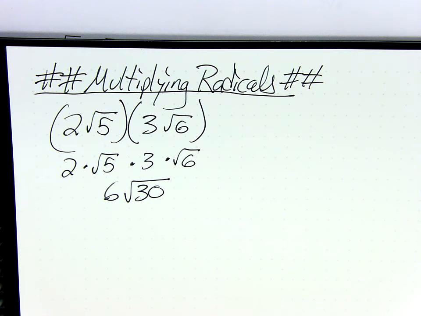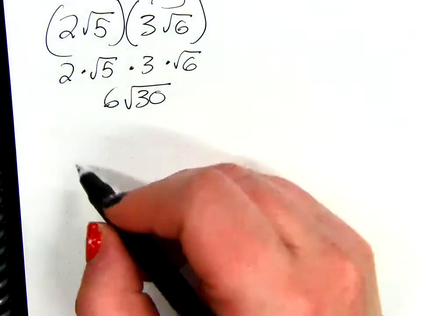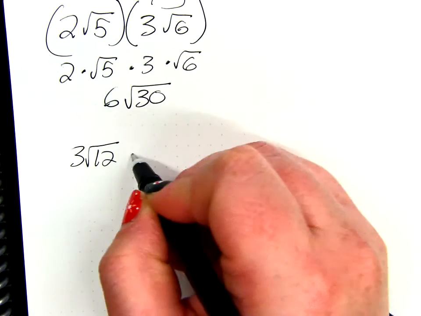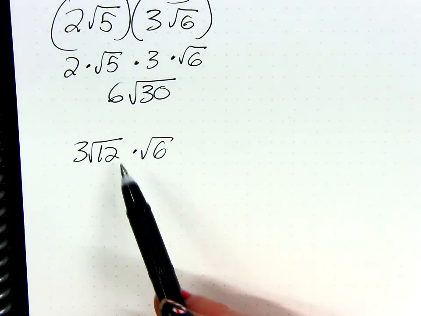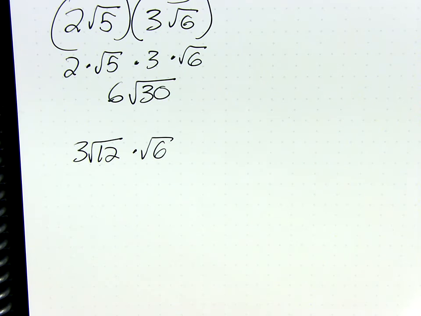So, let's just do number 1. On that sheet you're looking at, you have 3 root 12 times the square root of 6. Now, yes, you could simplify the square root of 12, but I wouldn't even bother. With multiplication, don't bother. Multiply it all together first, and then if your answer needs to be simplified, you can.